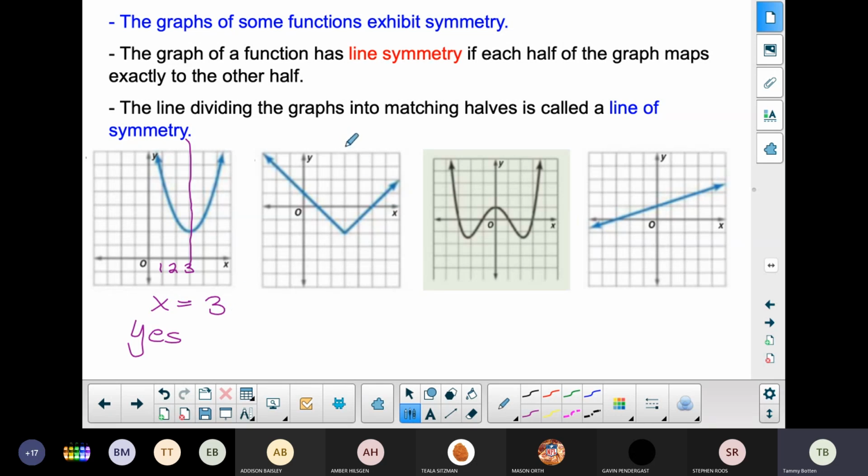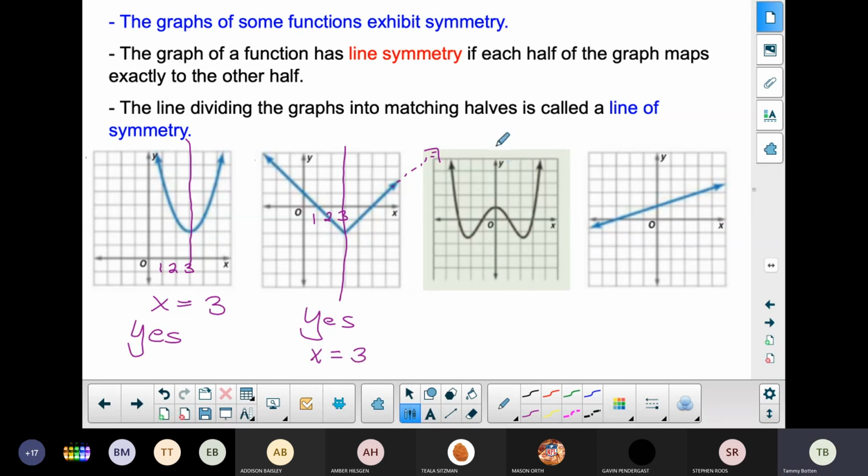This next one here, if I drew this line here, and you got to think about this continuing over here, this one also would have line of symmetry, and your line of symmetry would be that vertical line again, which is again x equals 3.